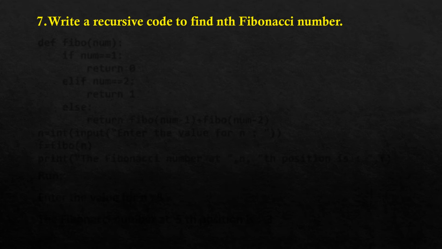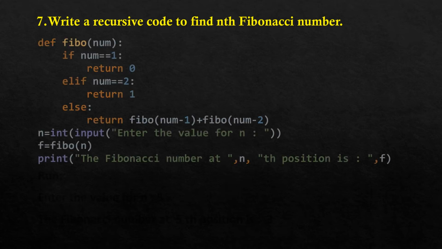Now the next program is to write a recursive code to find the nth Fibonacci number. Actually, in the Fibonacci series, every number is the sum of its previous two numbers. Here we have defined a recursive function named fib, and the base cases are: if number is equal to 1, it will return 0, which is the first number in the Fibonacci series.